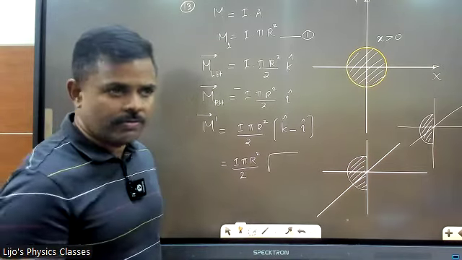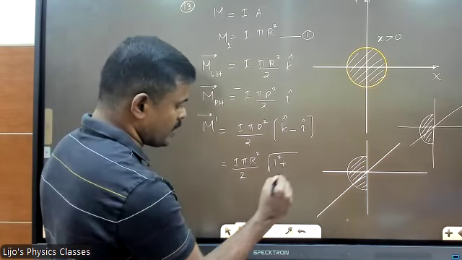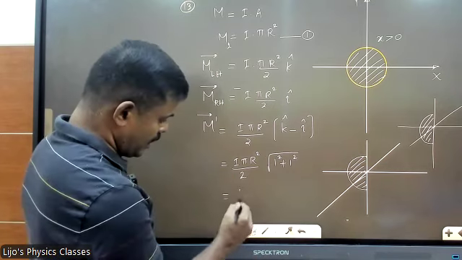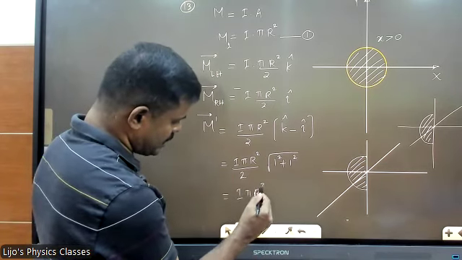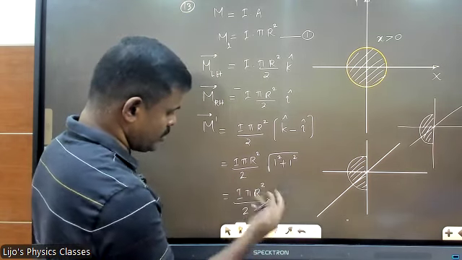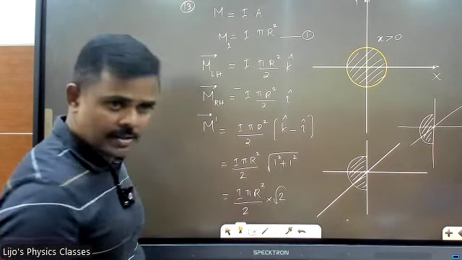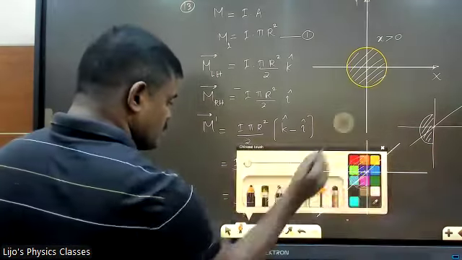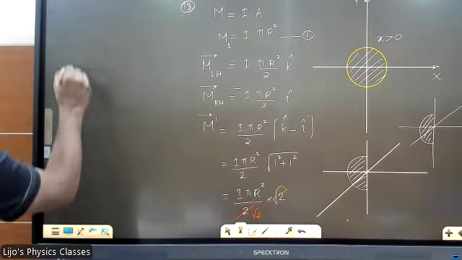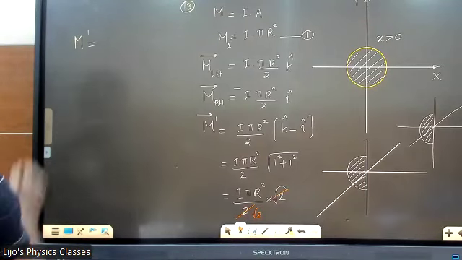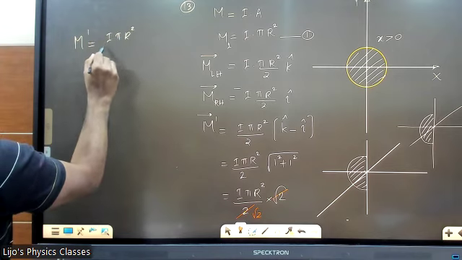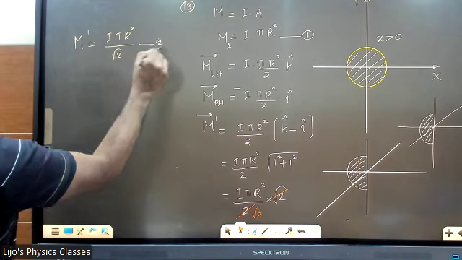You know how to find the modulus of a vector? 1 k and 1 i, so 1 square plus 1 square. We have made things simpler this time. I pi r square by 2 into, how about this? This is root 2. Correct. So root 2 and 2 are cut. You are getting root 2 now. So what am I getting for M dash now? M dash is equal to I pi r square by root 2. That is equation number 2.